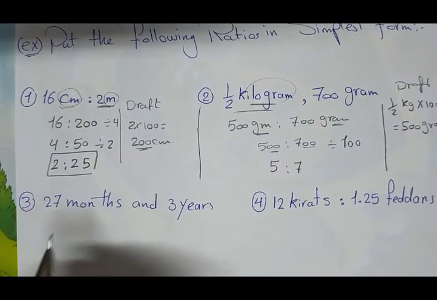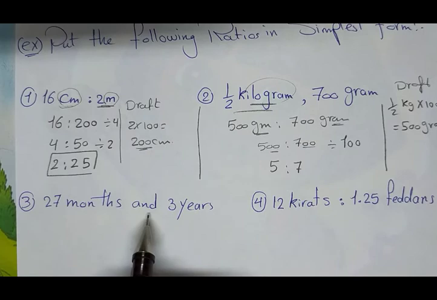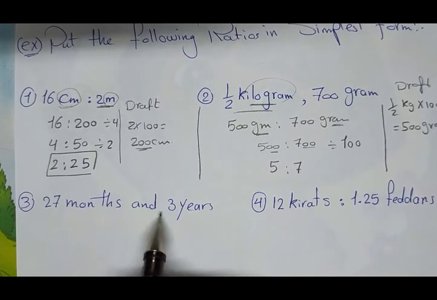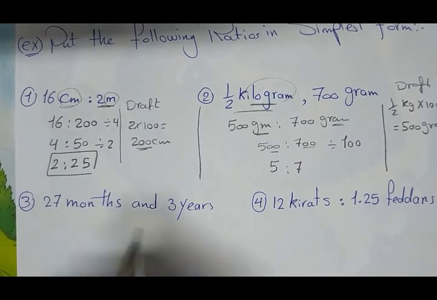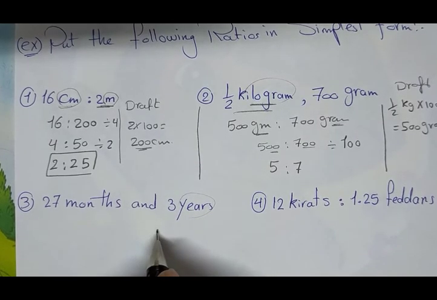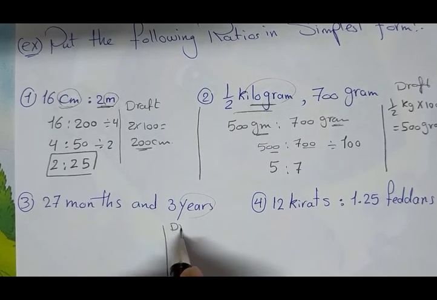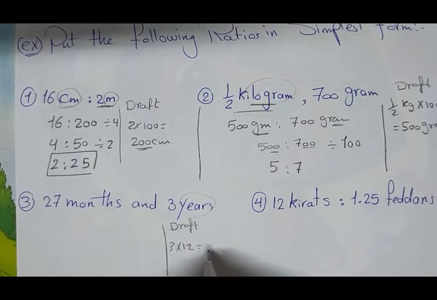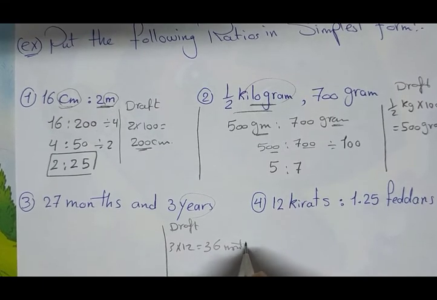Next example, 27 months and 3 years. I can convert years to months by times 12 in the draft. 3 times 12, 3 times 2 is 6, 3 times 1 is 3, 36 months.